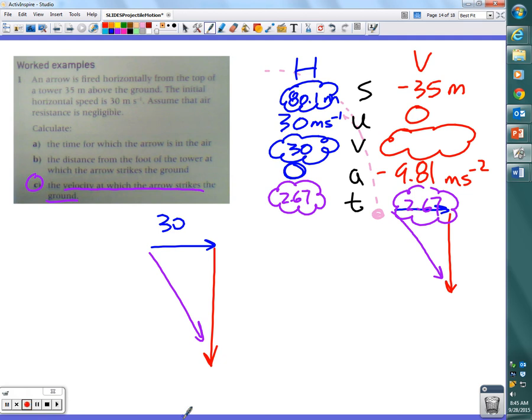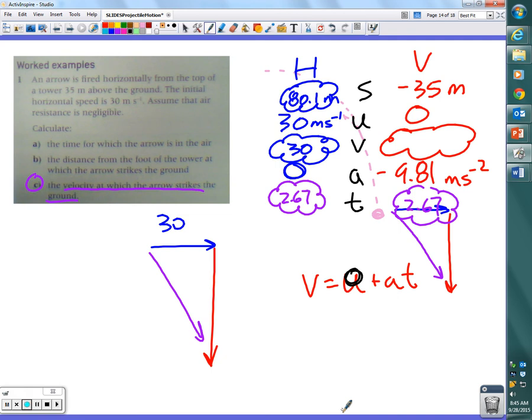Can we figure out the final velocity in the vertical dimension? Use another suvat equation, right? I would recommend this one. Okay? What's the initial velocity in the vertical direction? What's u on the red side? 0. So that just goes away.